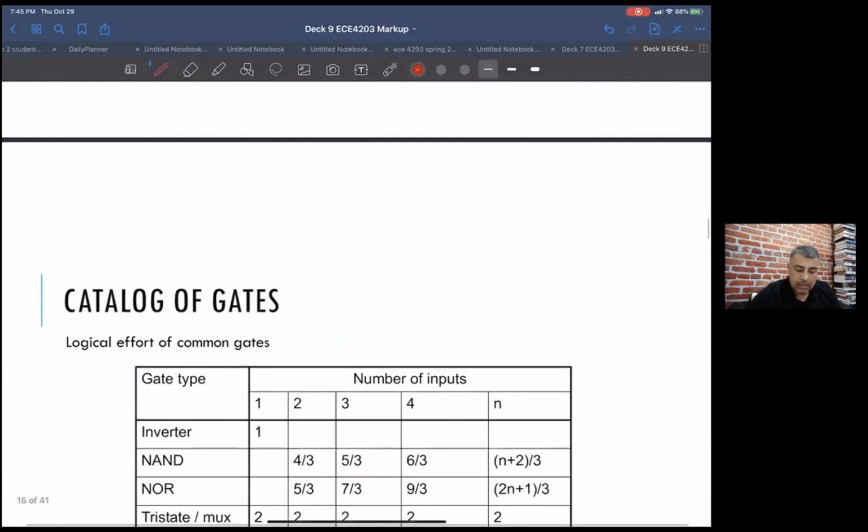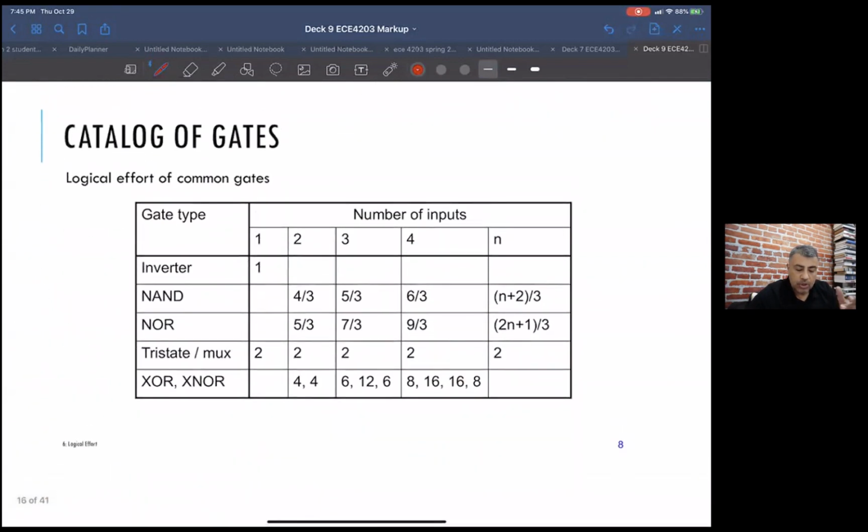And in the end, we can do this for all of these logic gates, or just for some, and you'll get a table like this. These are the G's, or the relative delays for different types of gates just based on their complexity.